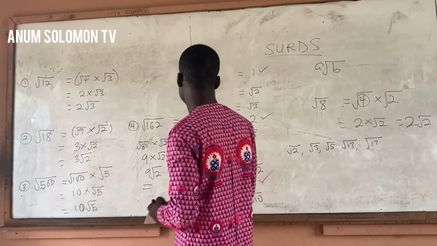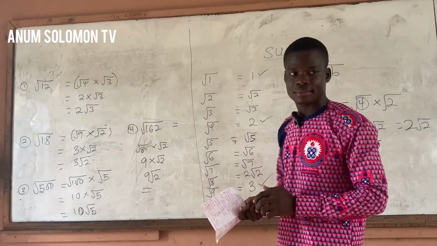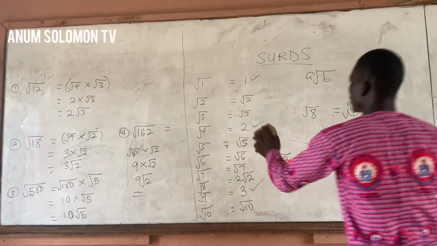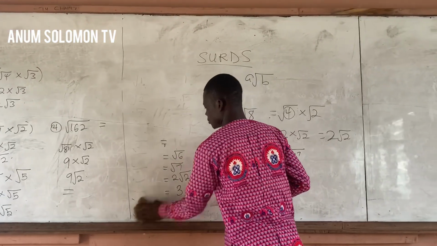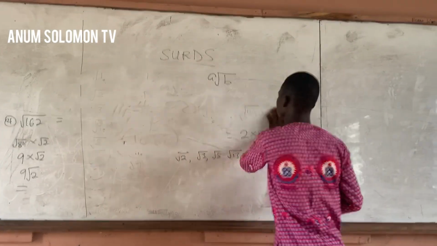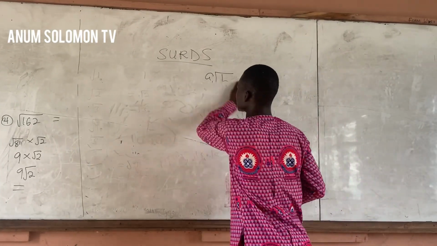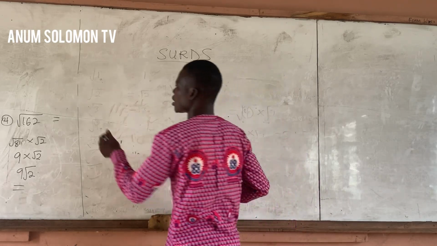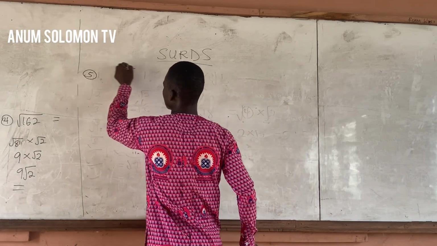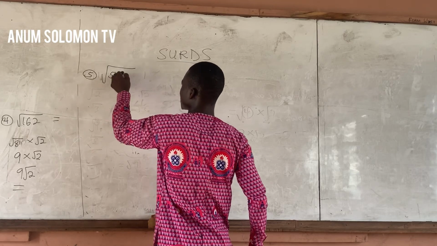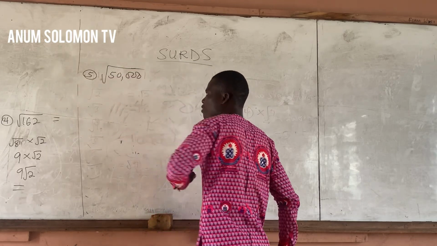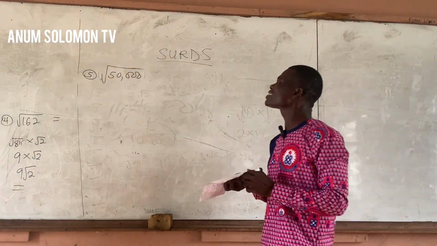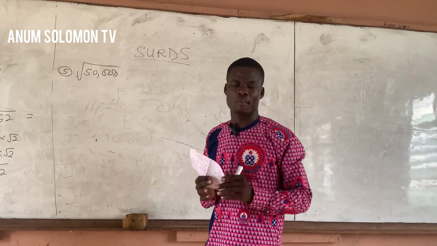So our last example to look at is example 5, the root of 50,000. So we have square root of 50,000, and we have to reduce this to its basic form.